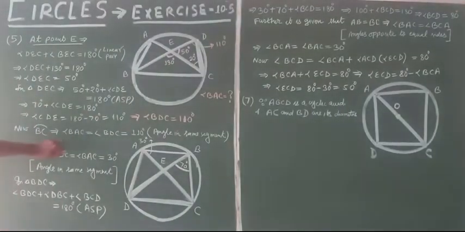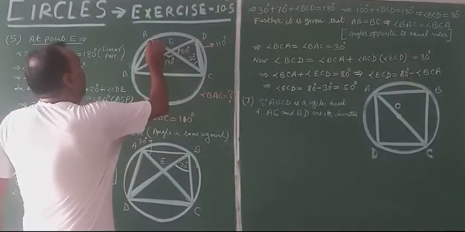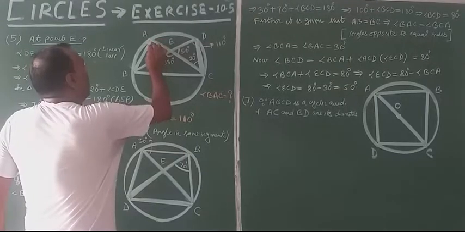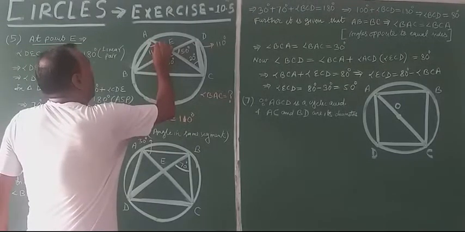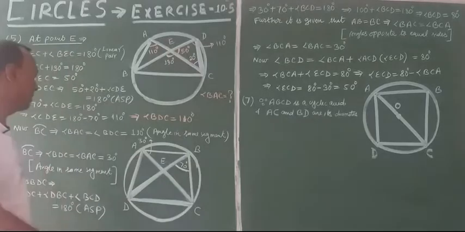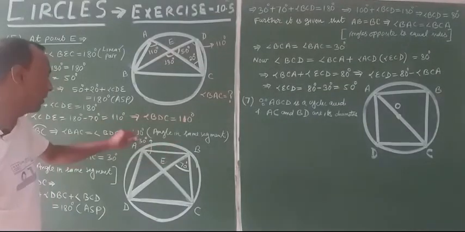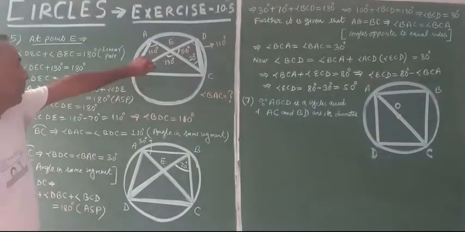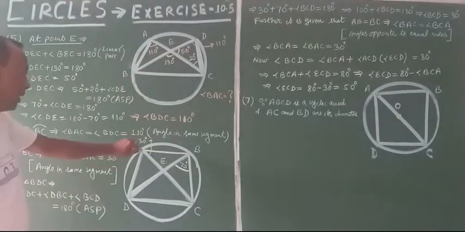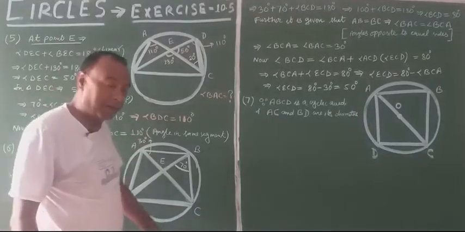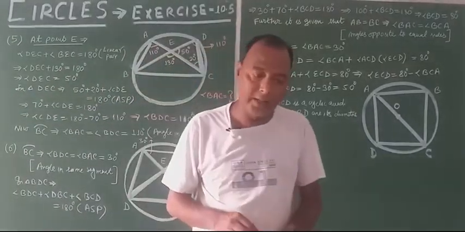So angle BAC is equal to angle BDC, which is 110. So the value of angle BAC is 110 degree.